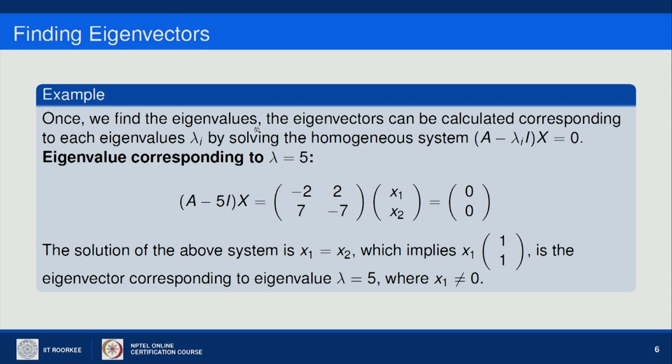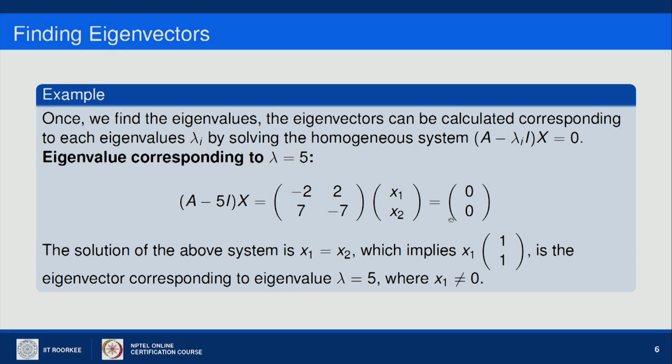Once we find the eigenvalues, we need to calculate the eigenvectors. So, the eigenvector corresponding to lambda equals 5 is given by (A minus 5 I) x equals 0. That is, we get two equations: one is minus 2x1 plus 2x2 equals 0, and another is 7x1 minus 7x2 equals 0.